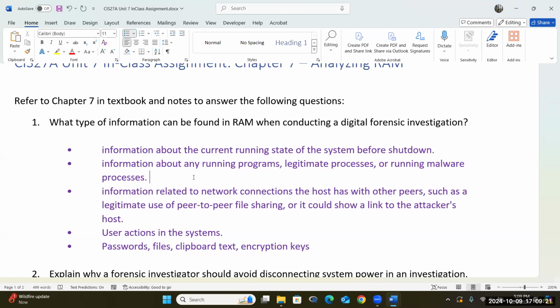So network connectivity information we can obtain from RAM. Also things like user actions in the system, user activities, activities that they committed to when they're using that system.